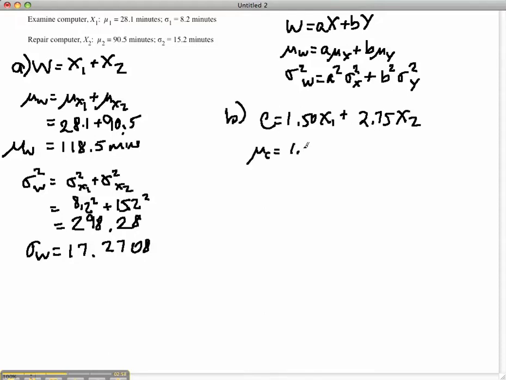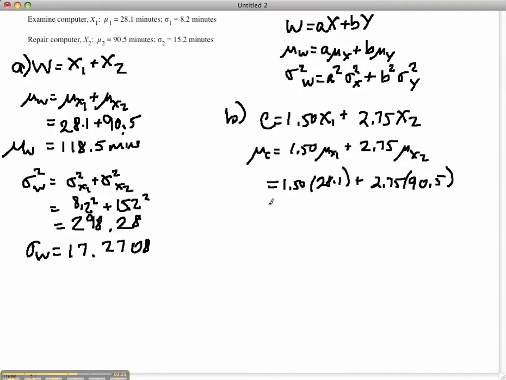Mu of C is $1.50 mu of x1 plus $2.75 mu of x2. You see where we're getting these numbers. This is the A, this is the B in our formula up there. So we can then just plug in what we know, $1.50 times 28.1 plus 2.75 times 90.5.